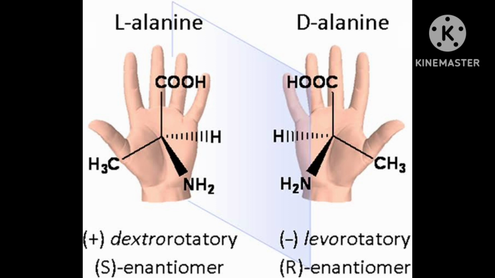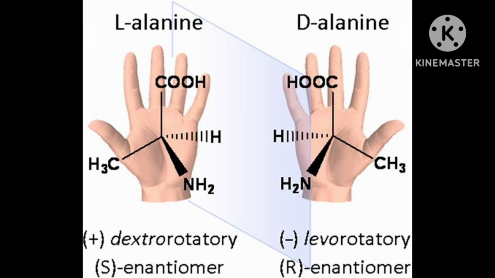Correct? Both scientists independently argued by their experiments that the spatial arrangement of four groups, like a carbon with four different groups, may be arranged.